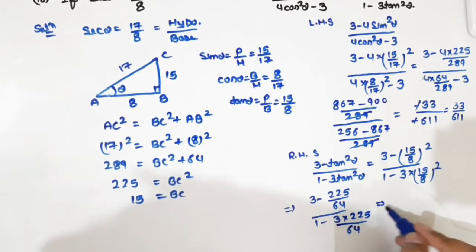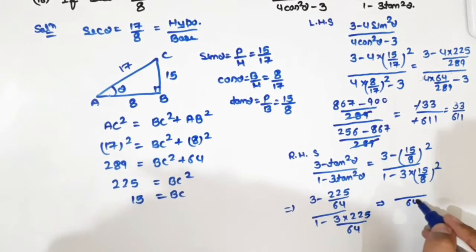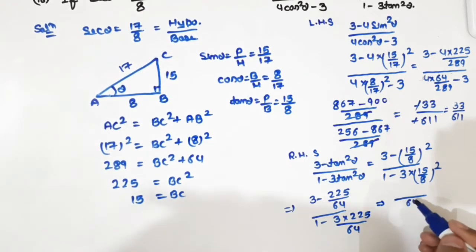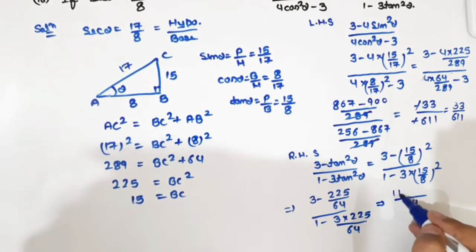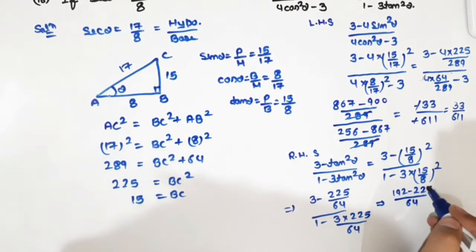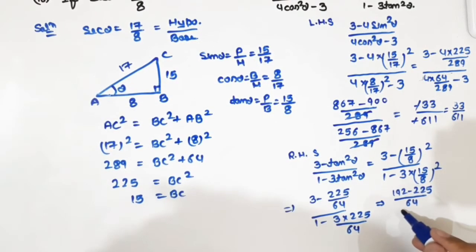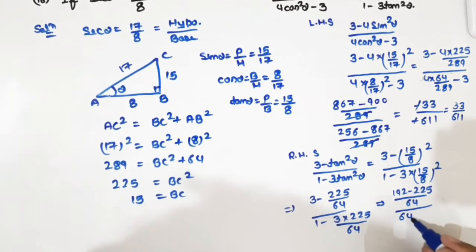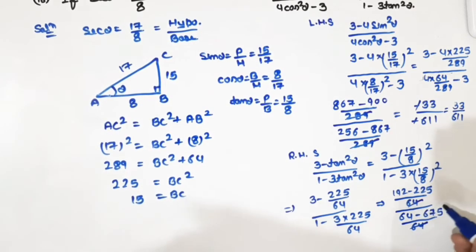So from here, 64 will be the LCM, giving 192 minus 225 upon 64 minus 675, all upon 64. So 64 will be cancelled out.